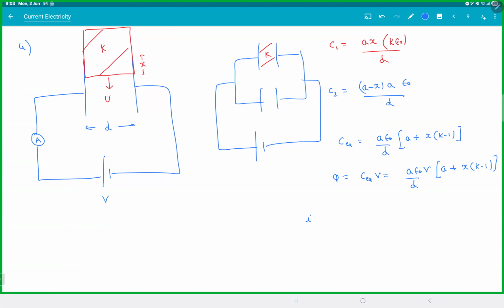Current I is dq by dt. That would be A epsilon V by d into K minus 1 and dx by dt. dx by dt is speed. And if you observe this, this is a constant value. But there is a catch.